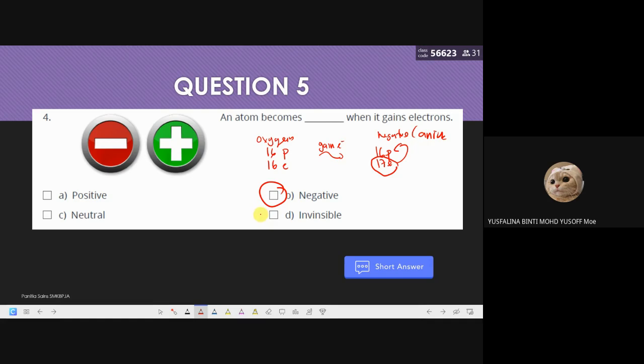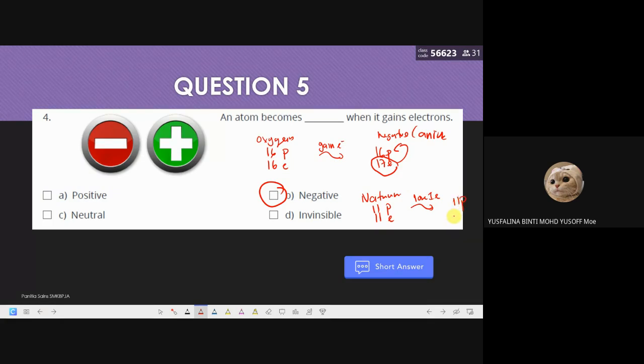But let's say if it lost an electron. Just now we saw the example of natrium, which has 11 protons and 11 electrons. When it lost one electron, the number of protons is still the same but the electrons become 10.